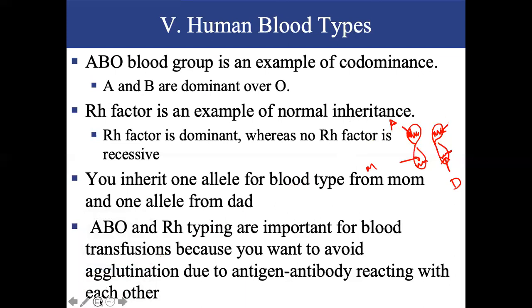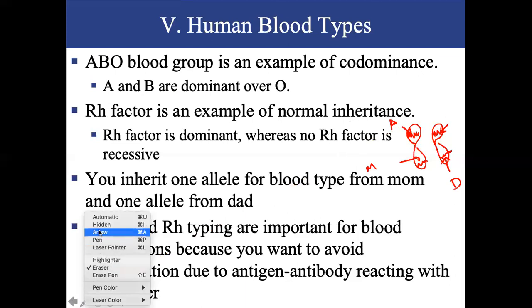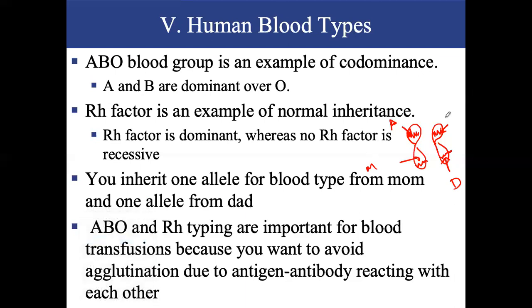Okay, let's try this again. All right, so if I have O here, O is recessive, A is dominant, and so I'm going to display blood type A, okay? And then this would be having the Rh factor, and negative would be not having the Rh factor. So I would have the Rh factor because Rh factor is dominant, negative is recessive, okay?